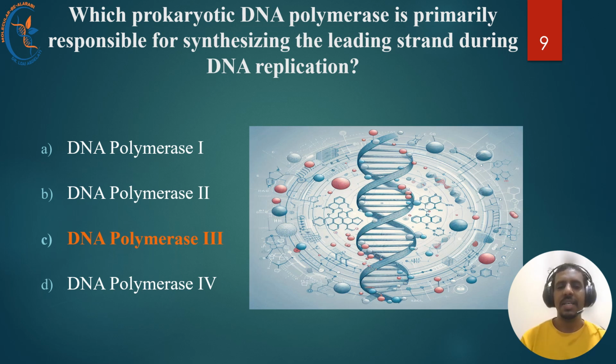DNA polymerase III is the main replicative enzyme in prokaryotes, responsible for synthesizing the leading strand during DNA replication. It sequentially adds nucleotides to the growing DNA chain, forming a continuous complementary strand to the template DNA. So the correct answer is DNA polymerase III.